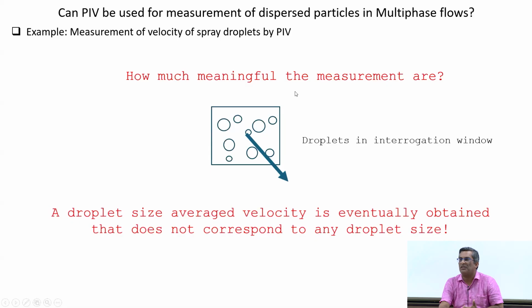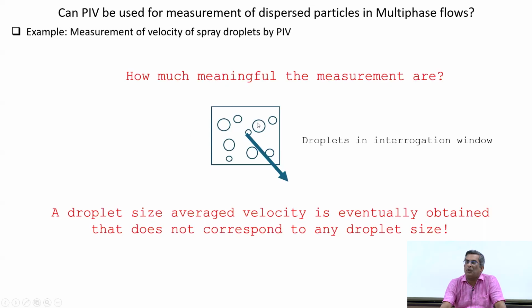We have no information about that, because we are not measuring velocity conditional on size. Basically, this is meaningful if the droplet size-velocity correlation is not significant, in other words, if the droplet velocity does not vary strongly with size. If that is the case, then you get some meaningful measurements.